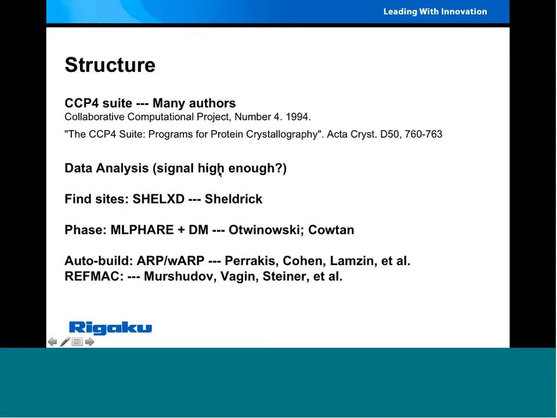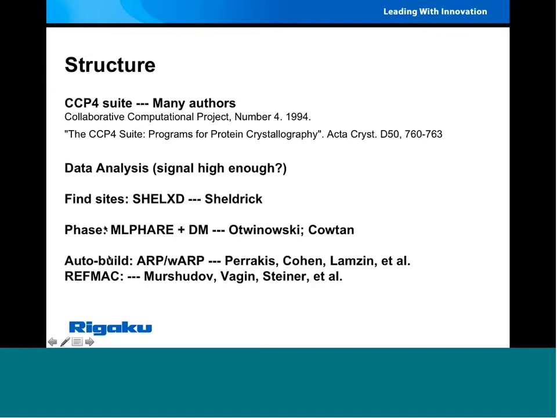I just talked about the data analysis tab to see if the signal is high enough. It's set up to use SHELXD by George Sheldrick and his colleagues to find the anomalous substructure. We'll use that in 3 cases. The phasing is done a number of ways. Today we'll use MLPHARE and the solvent flattening program DM from Kevin Cowtan, and I'll show you how you can use others.